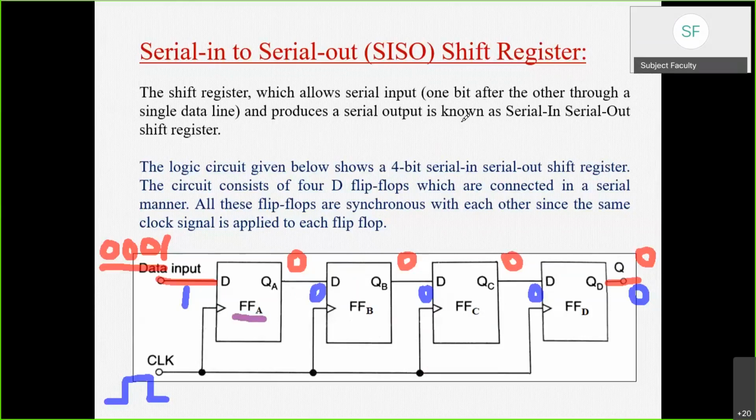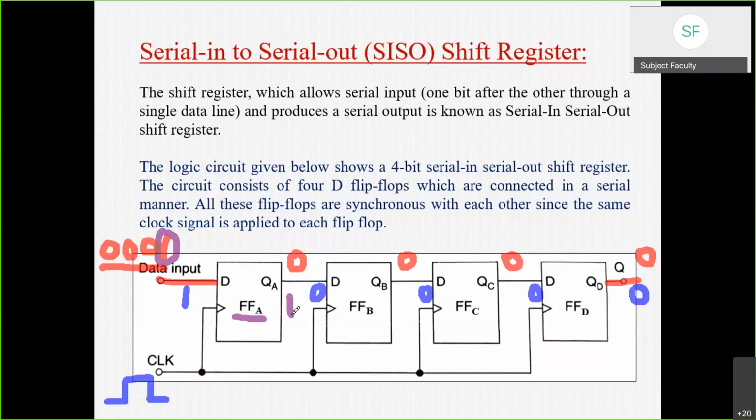When D equals 1, then output Q will be 1. Right? So now observe the input of this first flip-flop. The input is 1 because we are sending this bit first. Whenever the clock is applied here, the output will be 1.